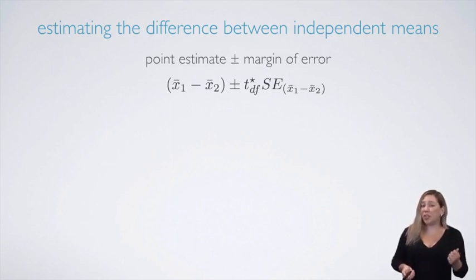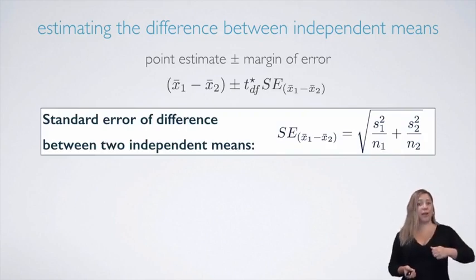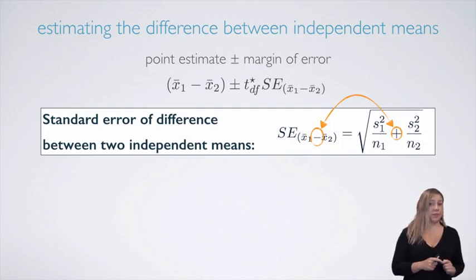So the only new concept here is this new standard error, which can be calculated as the square root of the sum of the variances for each group divided by their respective sample sizes. Note that we add the two variances even though we're looking for the standard error of the difference of the two means.